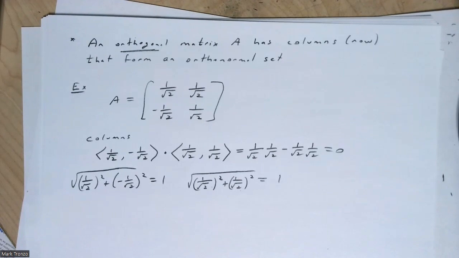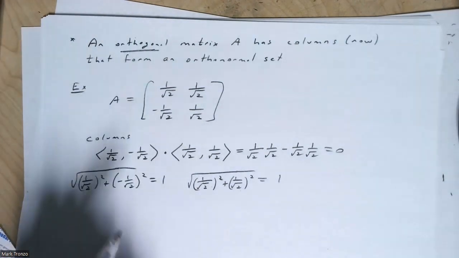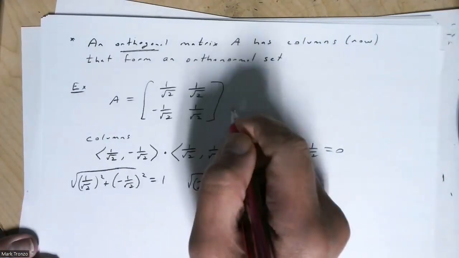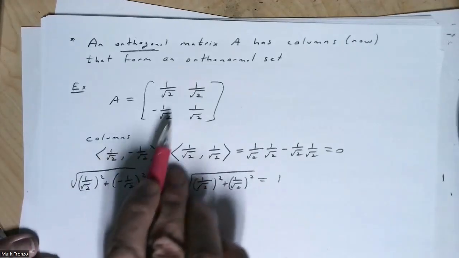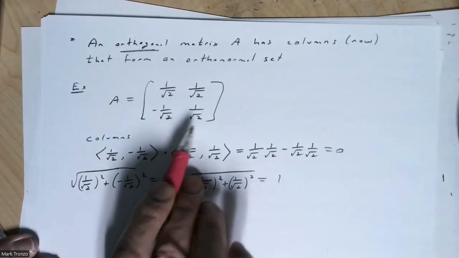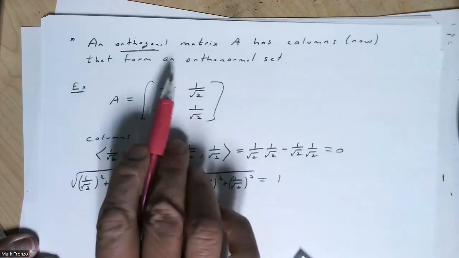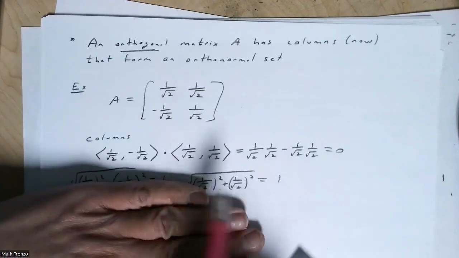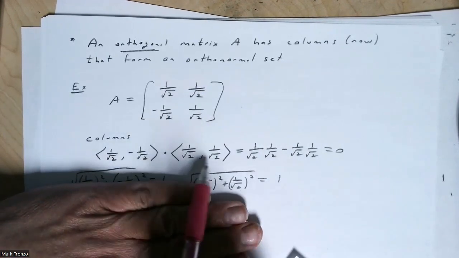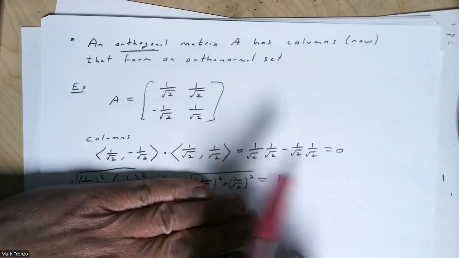When you think about it, it would make more sense, and a few people call it this way, but the majority don't, to call this an orthonormal matrix because the rows and columns are orthonormal, not only orthogonal. Remember, orthogonal just implies that the dot product is 0.